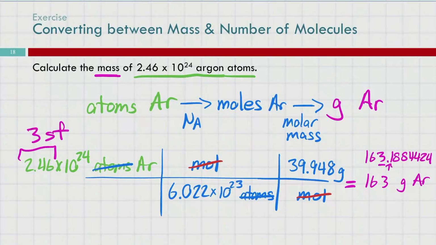Question? I'm pretty sure I did the math right because I got the same number, but it's 1.6. You got 1.63? Yeah. My guess would be you put in the wrong numbers for your exponents.